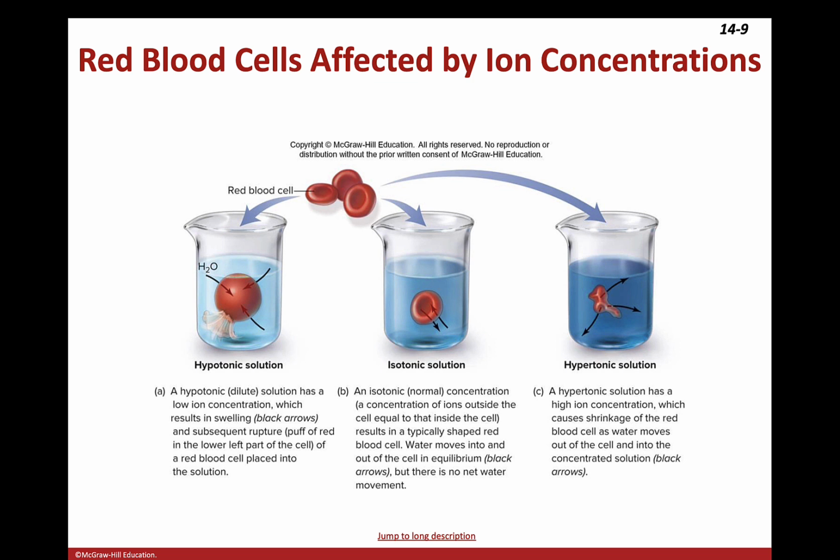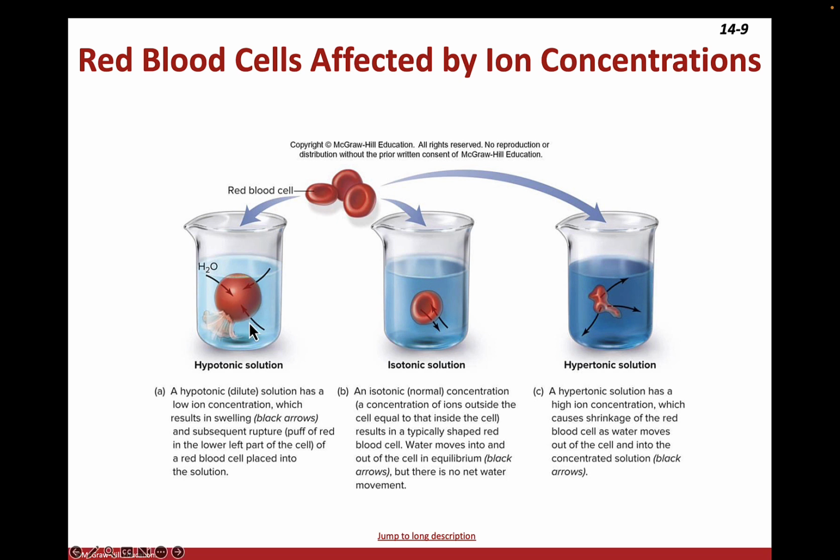Now here, this is how we typically address the terms isotonic, hypertonic, and hypotonic. The middle panel, we basically look at as an isotonic solution, and notice what we're seeing here is the ion concentration inside the cell is equal to that outside the cell, and there's going to be no change in the volume or size of that cell. There is no osmotic gradient that is going to cause water to move either into or out of that blood cell.